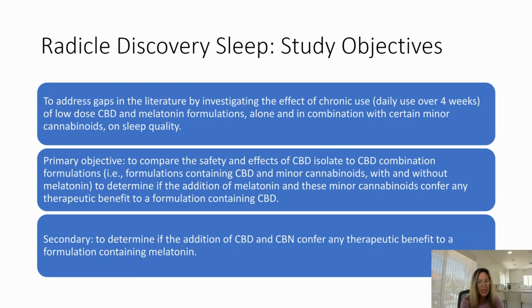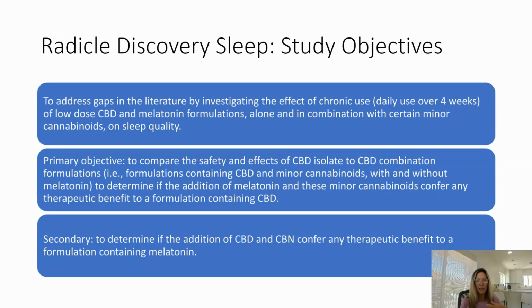So the primary objective was to compare the safety and the efficacy of CBD isolate to combination formulations. These formulations had CBD and minor cannabinoids, and they were with and without melatonin. And we were looking to see if the addition of melatonin and the minor cannabinoids would offer a benefit.